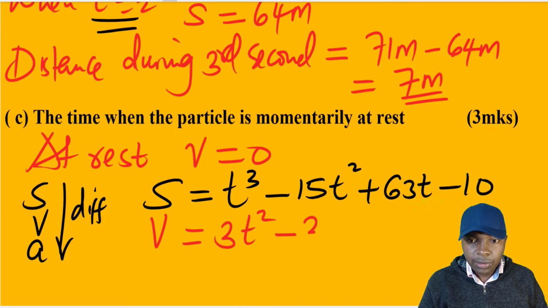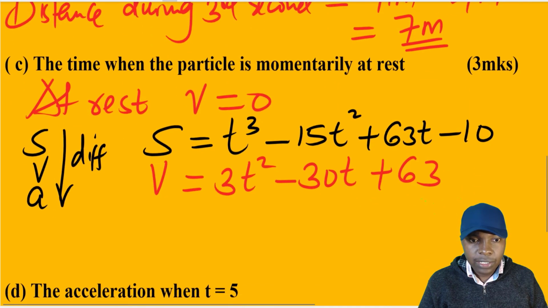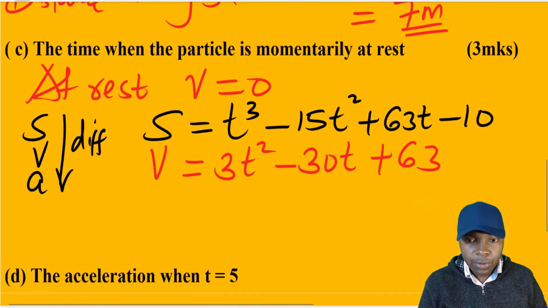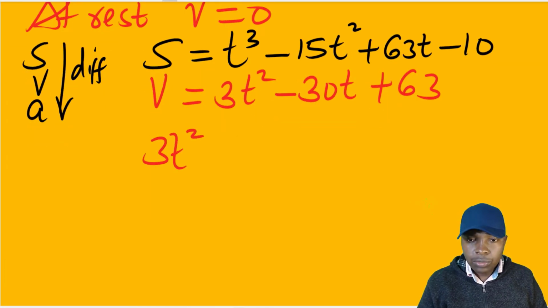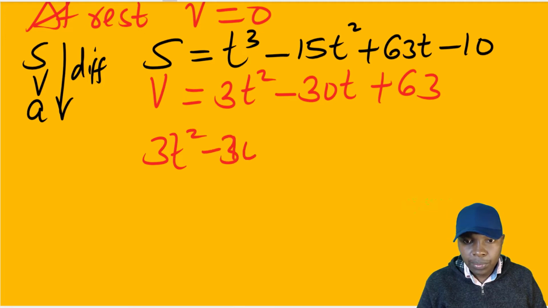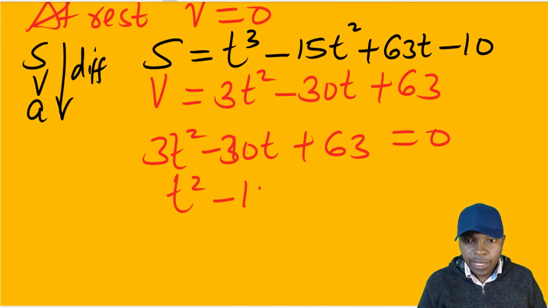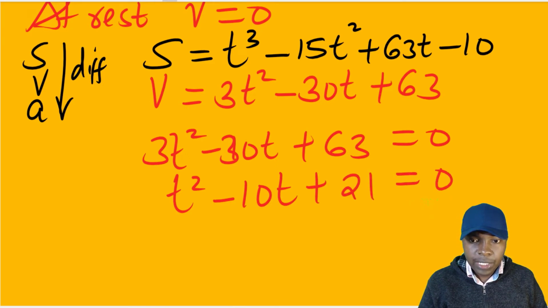We get 3t squared minus 30t plus 63. So that is the expression for velocity. Now what we need to get is the time when velocity is 0. When we replace v in that expression with 0 and simplify by dividing all through by 3, we get a quadratic equation: t squared minus 10t plus 21 equals 0.